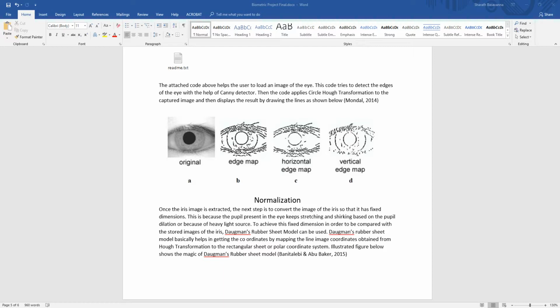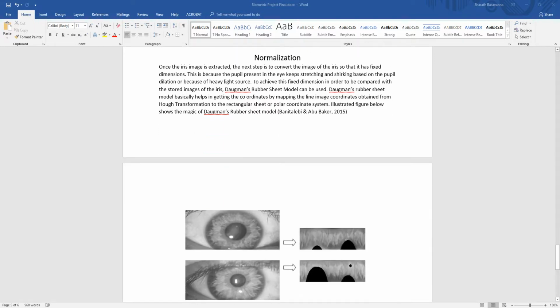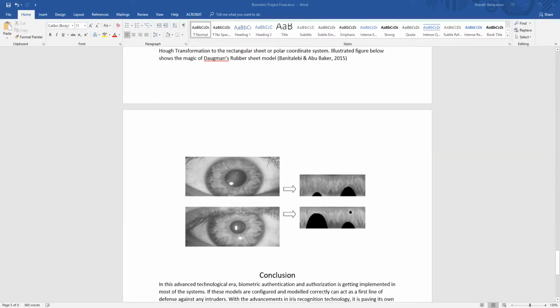The Daugman rubber sheet model helps in getting the coordinates by mapping the image coordinates obtained by the Hough transformation to a rectangular sheet or a polar coordinate system. As you can see below, in the first image the pupil is very big compared to the second image, so it has to identify what is actually the pupil and what is the iris, which can be seen here.